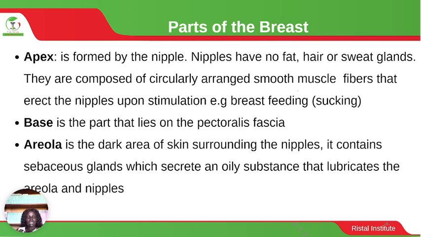Then the base is the part that lies on the pectoralis fascia. The areola is the dark area of the skin surrounding the nipples. It contains sebaceous glands which secrete an oily substance that lubricates the areola and the nipples.